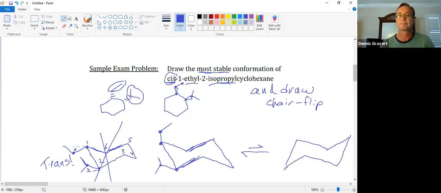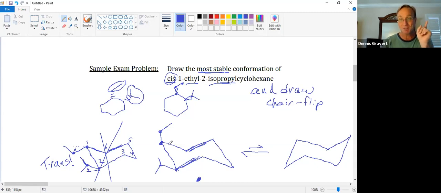Cool. Now, careful. I know you're drawing it, you get to say where it goes, but you've already locked in your choice by drawing this one over here. You already put the ethyl group on the axial bond, and the ethyl group is on the far left carbon.